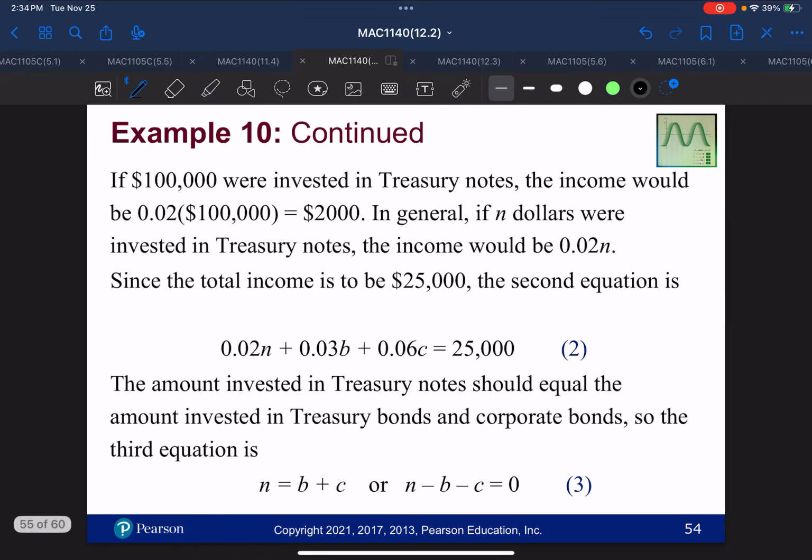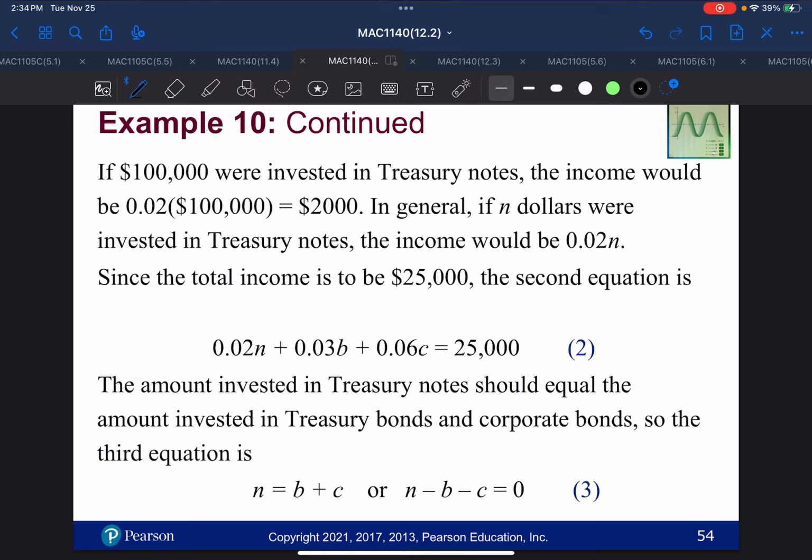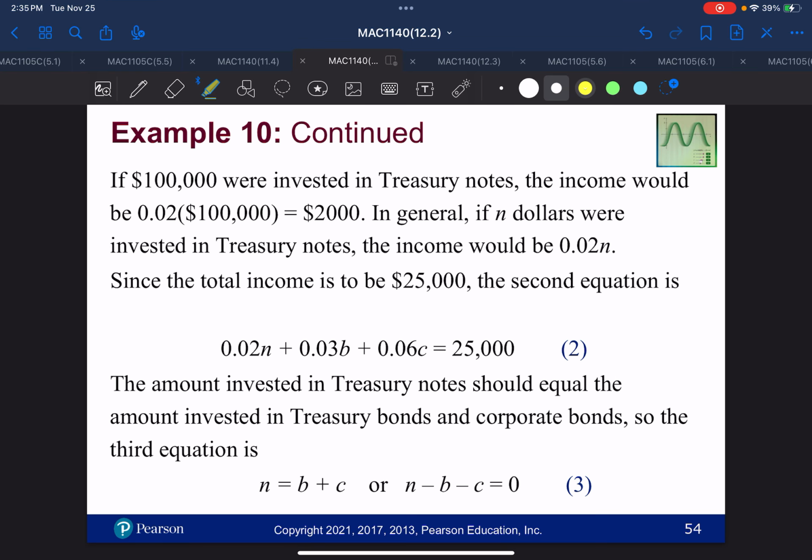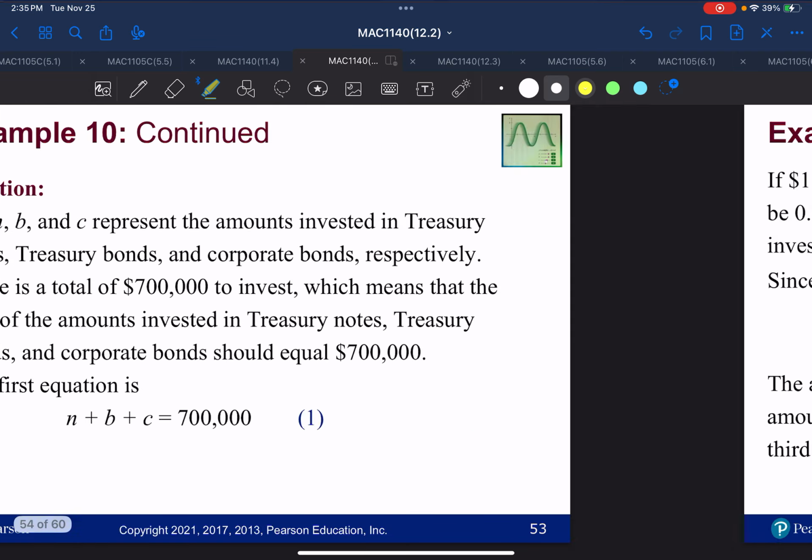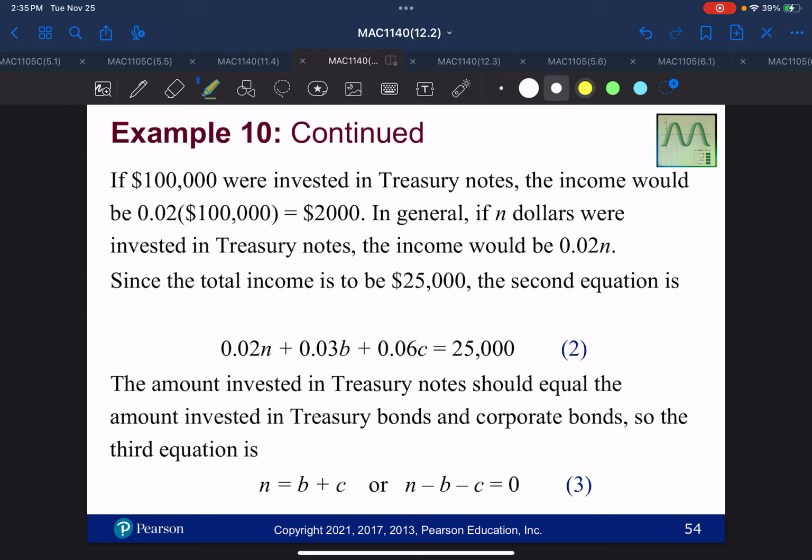So I can find the amount that each account earns them by multiplying the amount that they invest by the percentage of the bond. So if N was the amount for the treasury notes, and the treasury notes yielded 2%, that would be 0.02 times N. And then it was 3% for the treasury bonds and 6% for the corporate bonds.